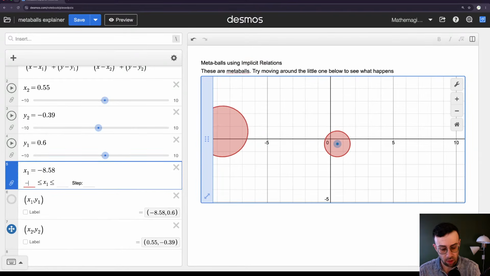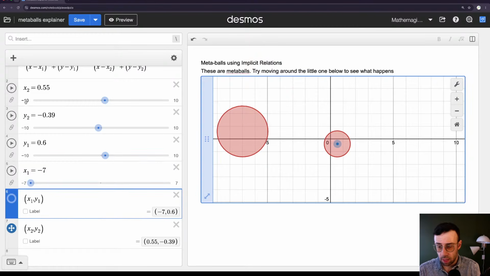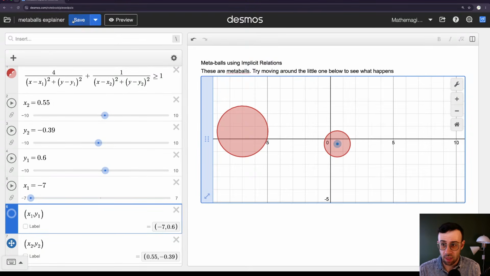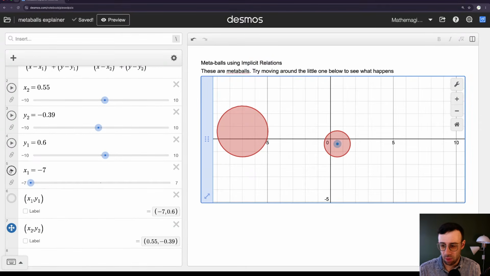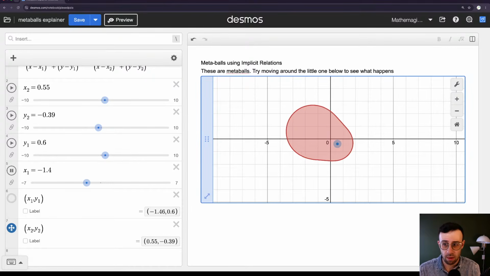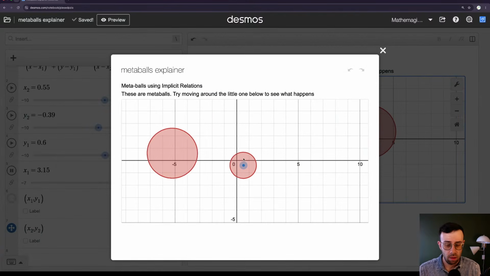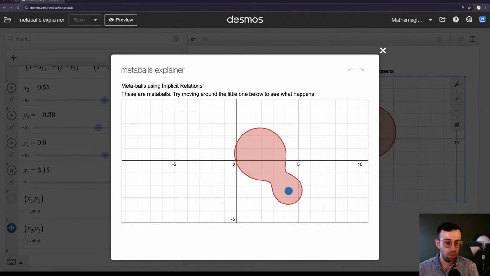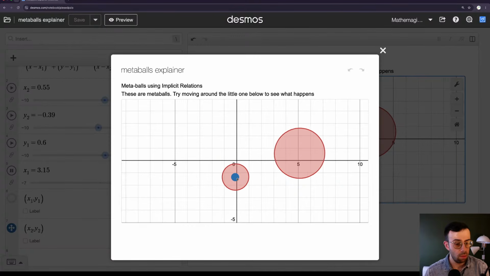I'll have it go from -8 to 8, or let's go 7. Then I think if I save this, it will just play. Yes, okay, so when I open it, it plays. This is already kind of cool.